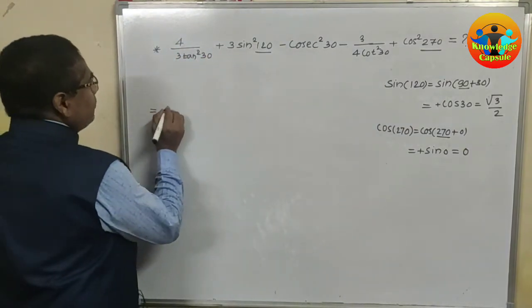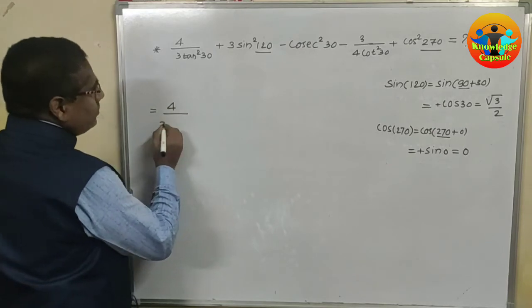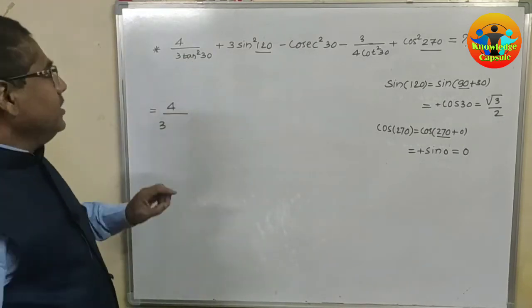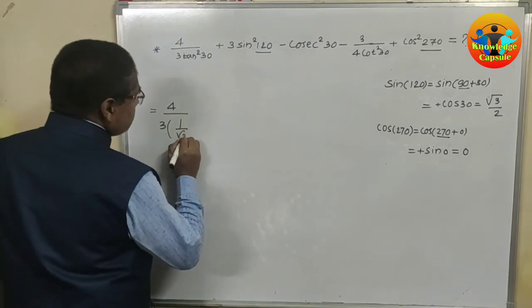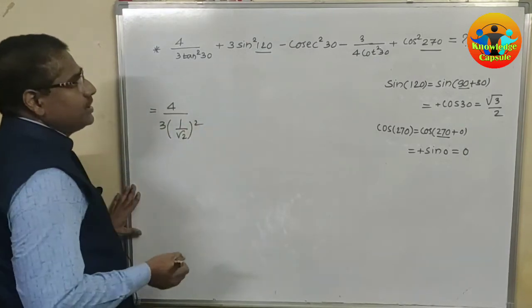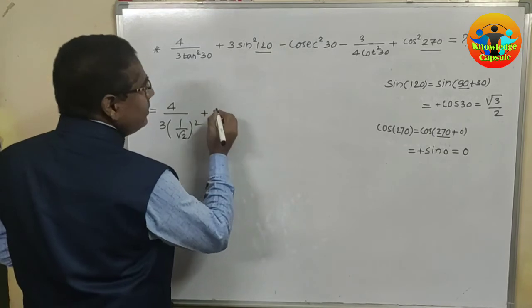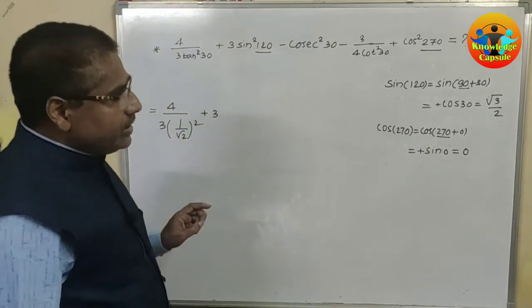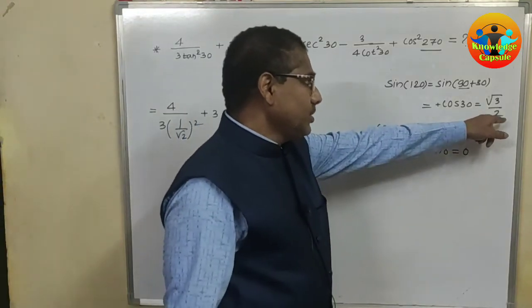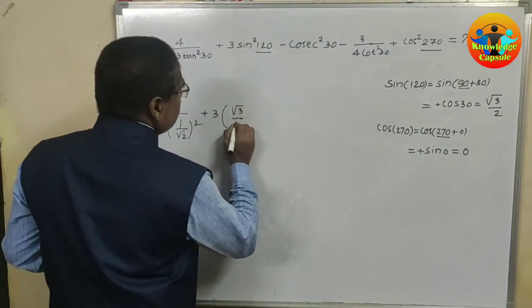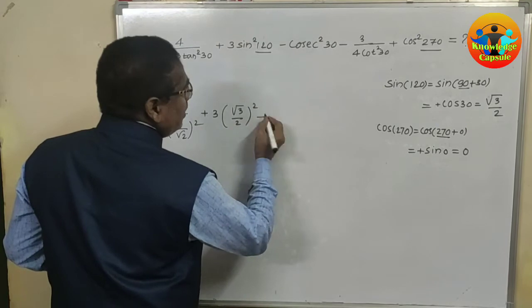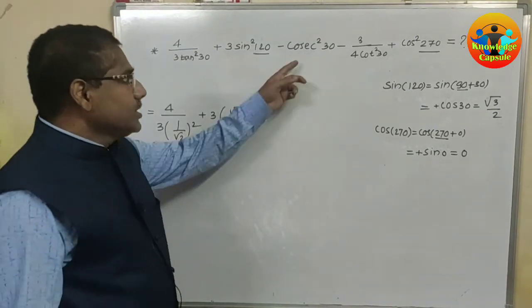We get 4 upon 3 into tan 30 is 1 by root 3 and square of it, tan square 30, plus 3 into sine square 120 is equal to root 3 by 2 whole square, minus cosec square 30.